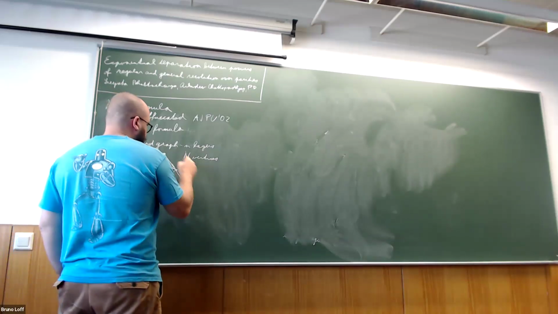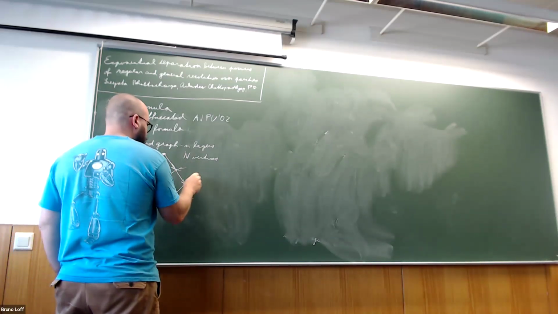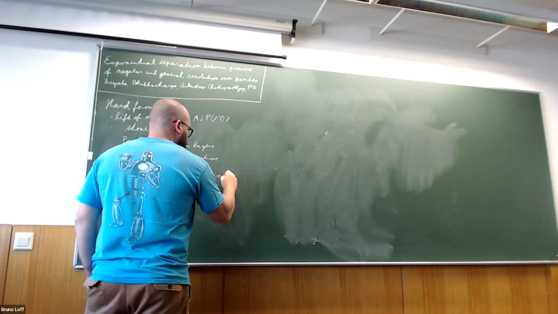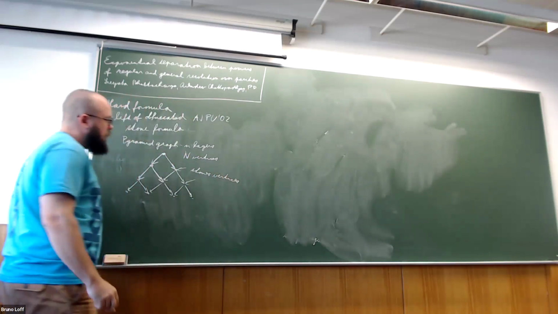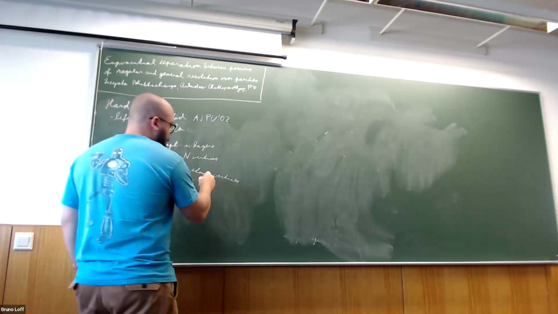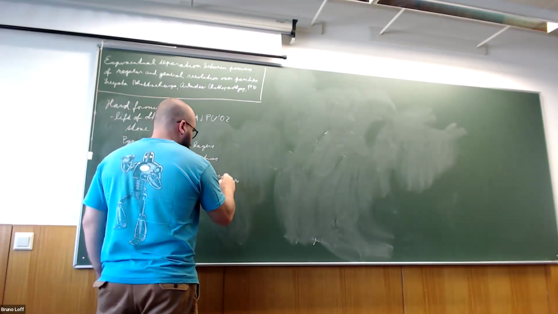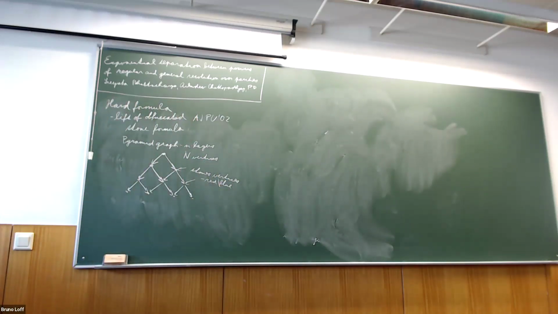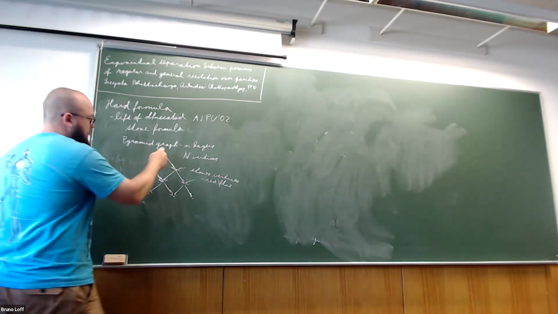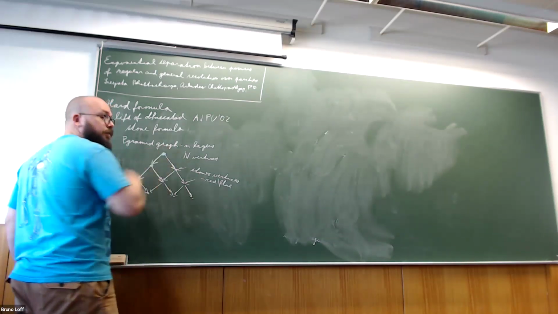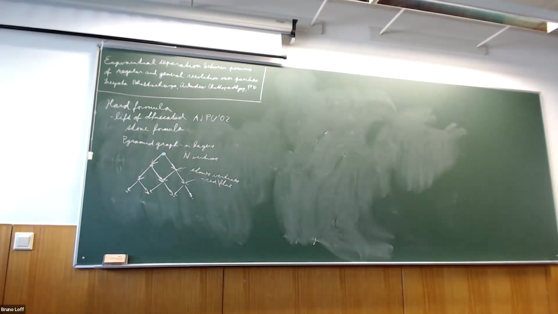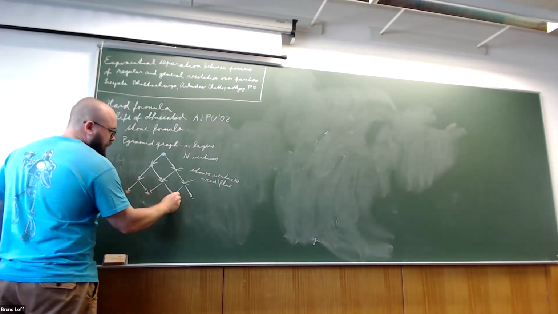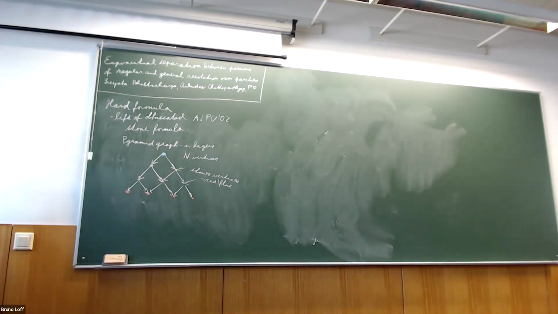We put the stones on the vertices. Each stone has a color, red or blue. And the formula says that on the root there has to be a blue stone. On the sinks there have to be red stones.